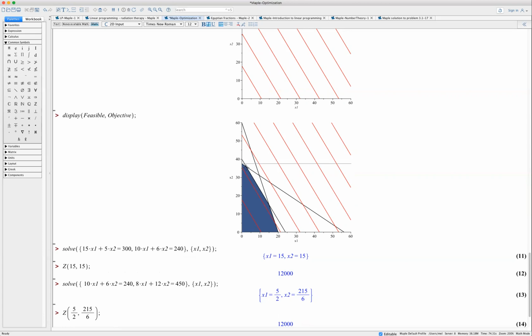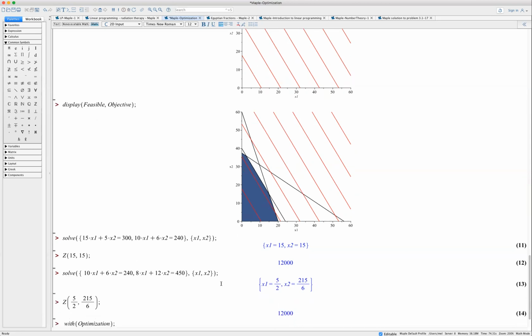If you solve the 2 linear equations in 2 unknowns to find this other corner point, you get 5 halves and 215 over 6. And when you evaluate the objective function there, you also get 12,000, which says that these 2 points are maximum values of the objective function.